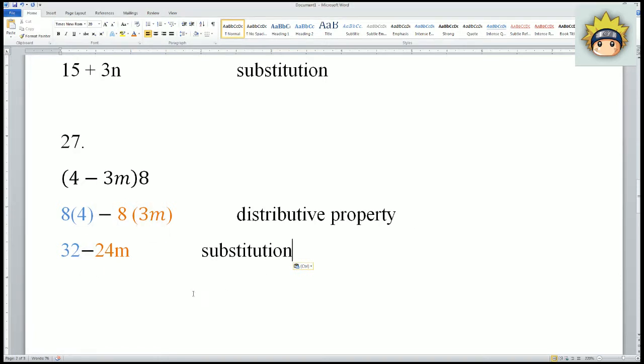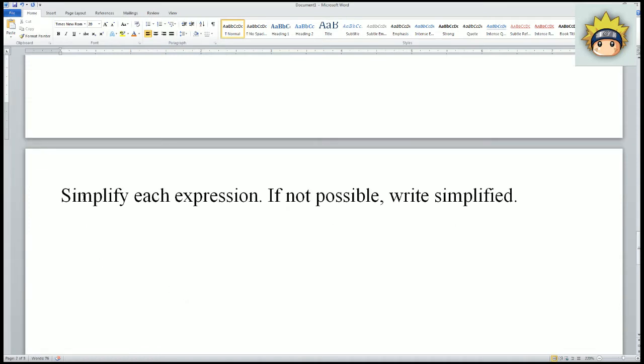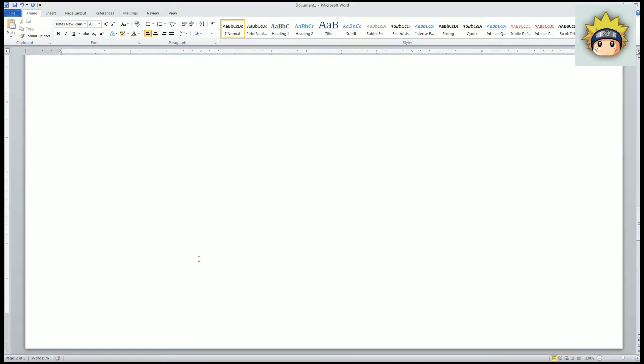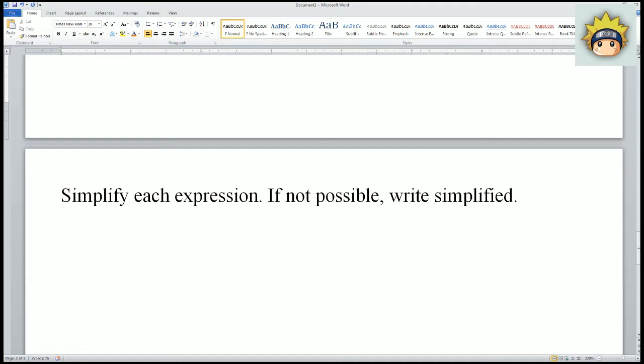29 asks us to simplify each expression. If not possible, just write simplified. So this one is going to be number 29. 29 gives us 3r plus 5r. These are both variable terms, and they have the same variable of r.